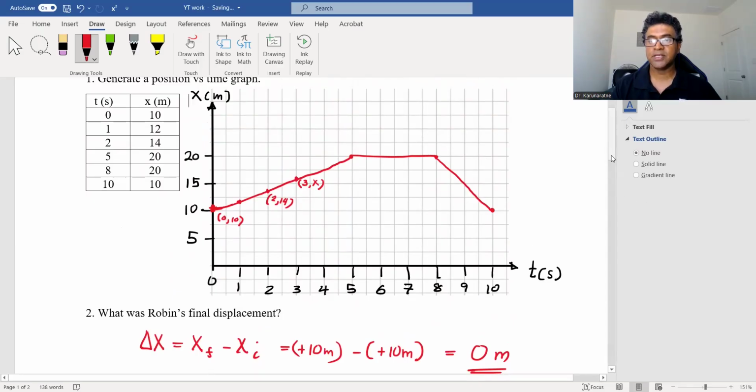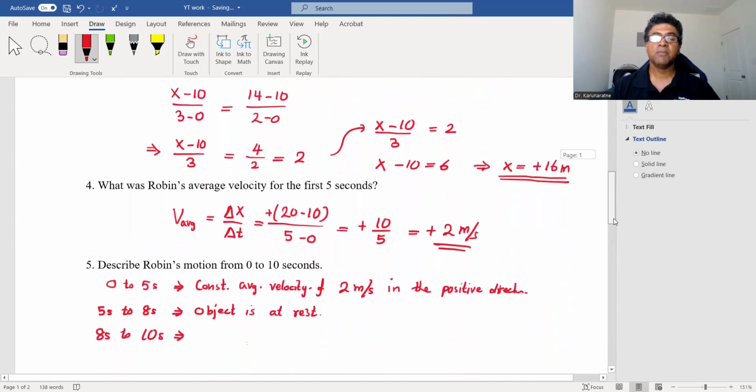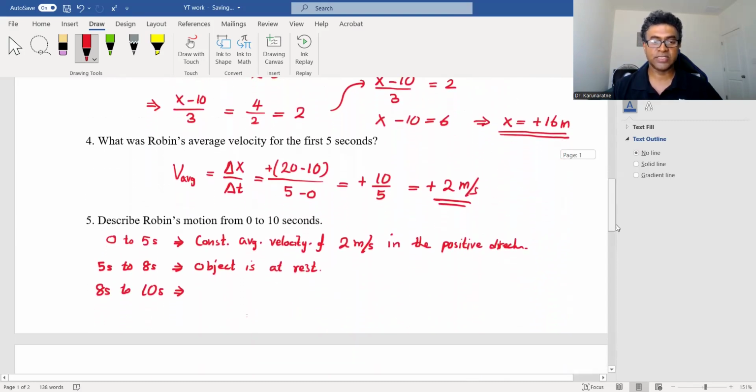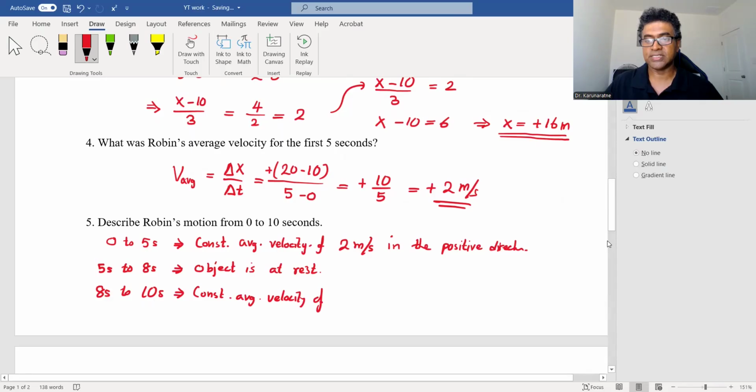That's what's going to happen. So there's going to be a velocity in the negative direction, but again, that's a constant velocity. So there's going to be a constant average velocity, and then we can go ahead and find that velocity.